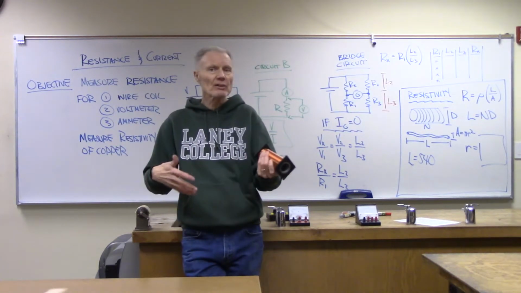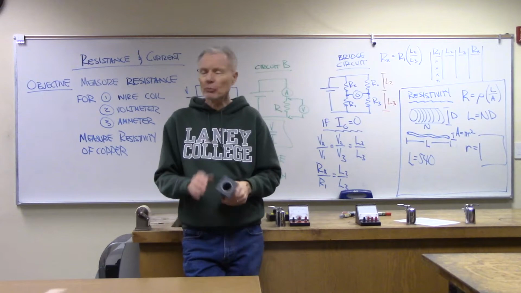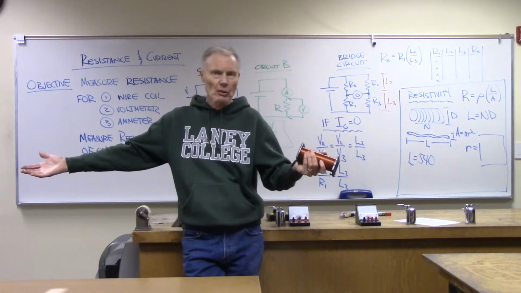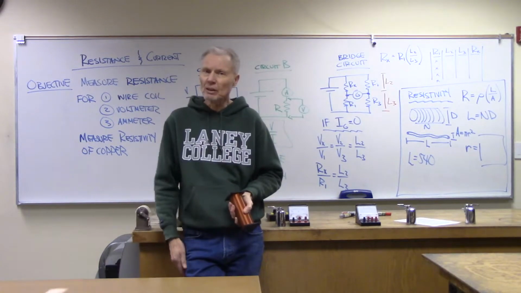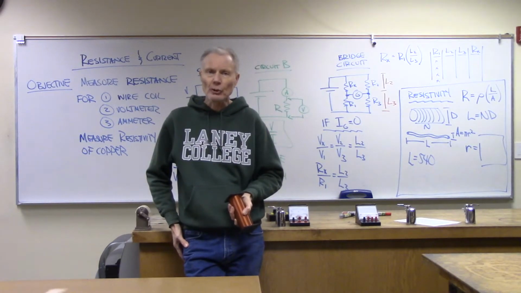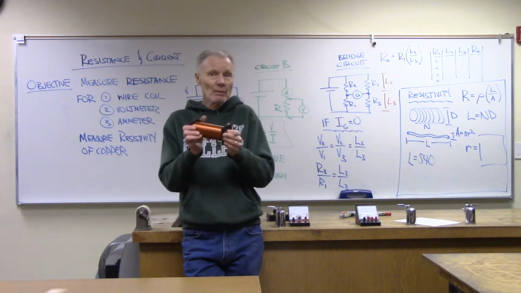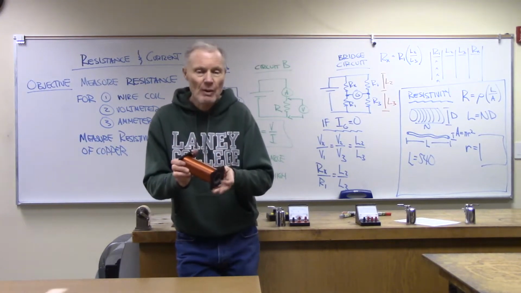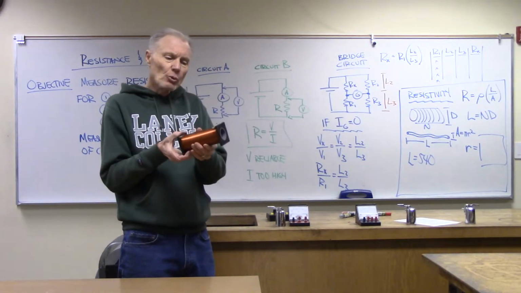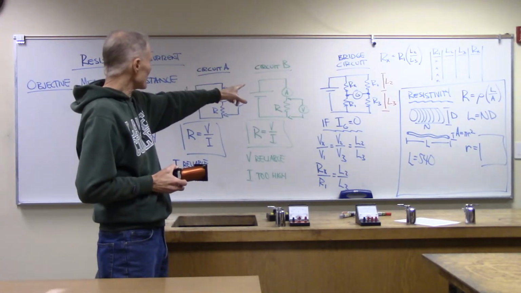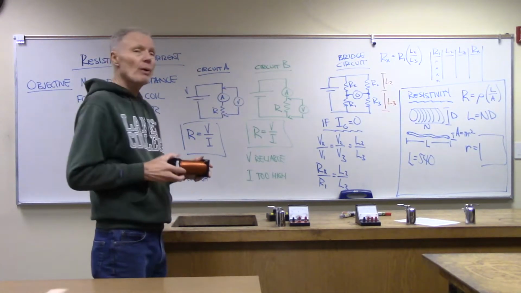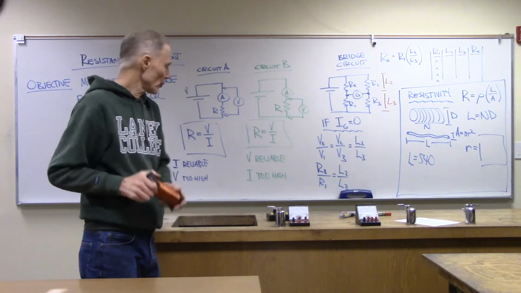I mean, we run wires all over the place, right? We can run wires for long, long distances, and we expect those wires not to have much of an effect on our circuits. So it doesn't have that much resistance, but we'll be able to go in and measure it. Now, for this coil of wire, we've got 3 different circuits set up where we want to be able to go in and measure the resistance.